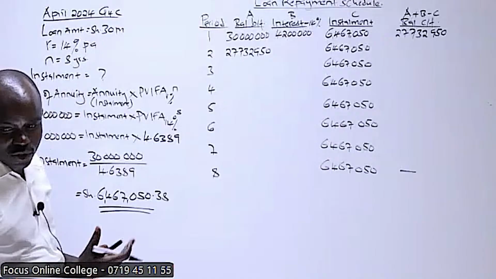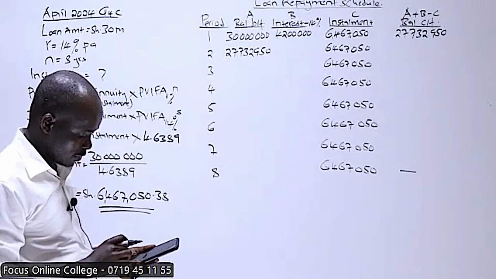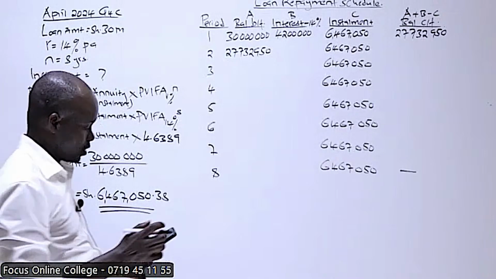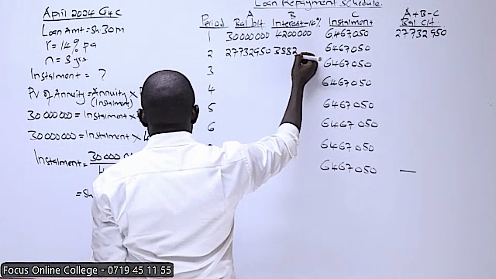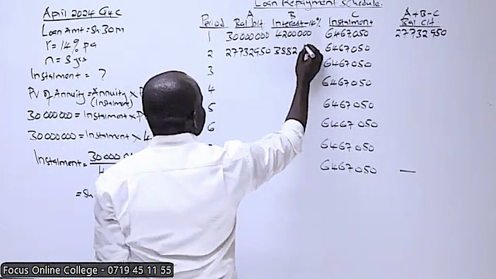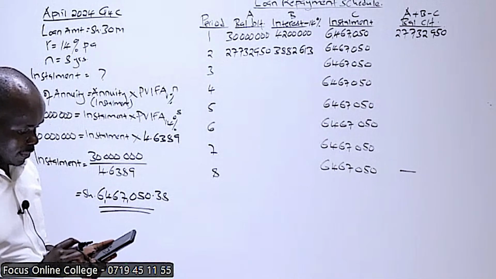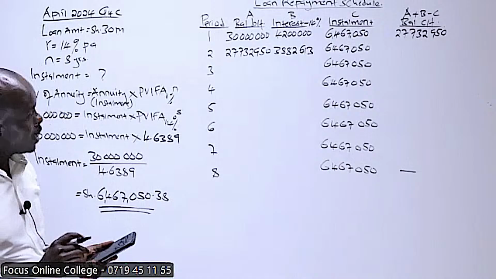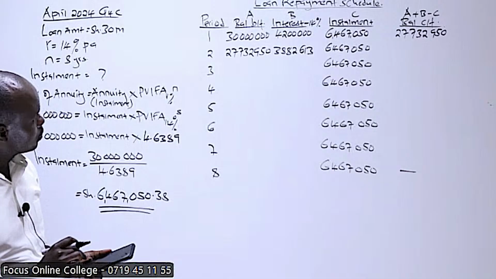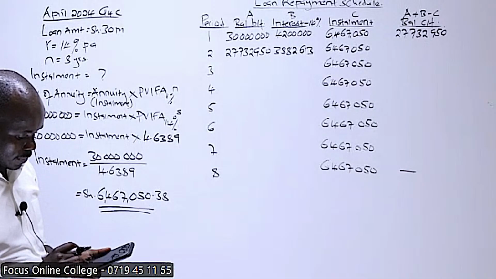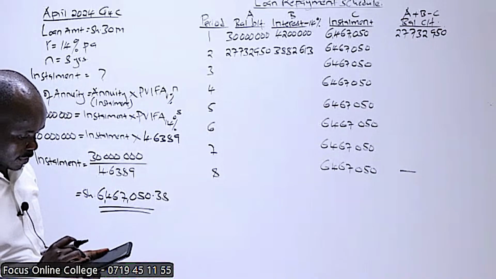Then you charge interest on this figure here. Charge interest on the balance brought forward. Again, 14%. So this is 3,882,613. Add 27, 732, 950, and you deduct the installment 64, 67, 050.